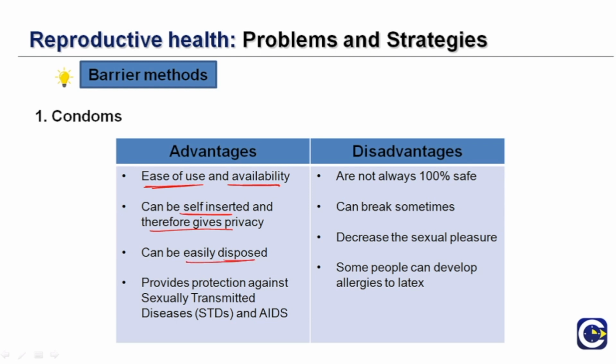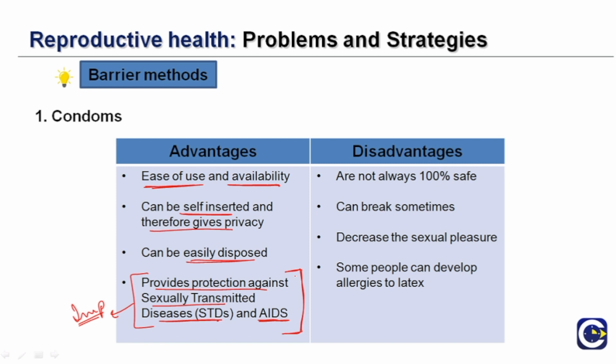It can be easily disposed of. And the most important advantage of using a condom is that it provides protection against sexually transmitted diseases and AIDS. This is the most important advantage, that it will protect you against STDs and AIDS.